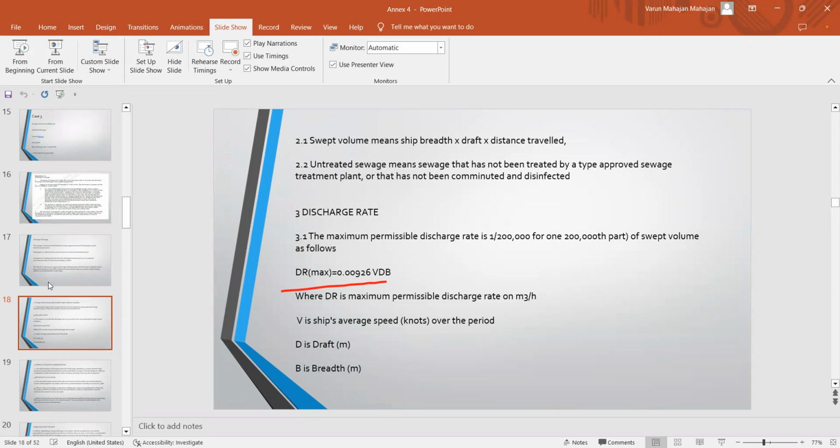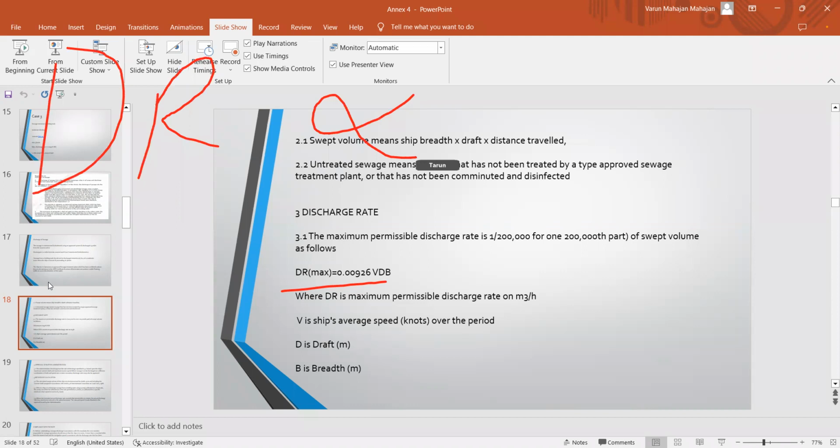By looking at this formula, we can see that DR is the discharge rate. Your discharge rate is directly proportional to ship speed, right? If you are going to increase the vessel speed, you can increase your discharge rate, right?